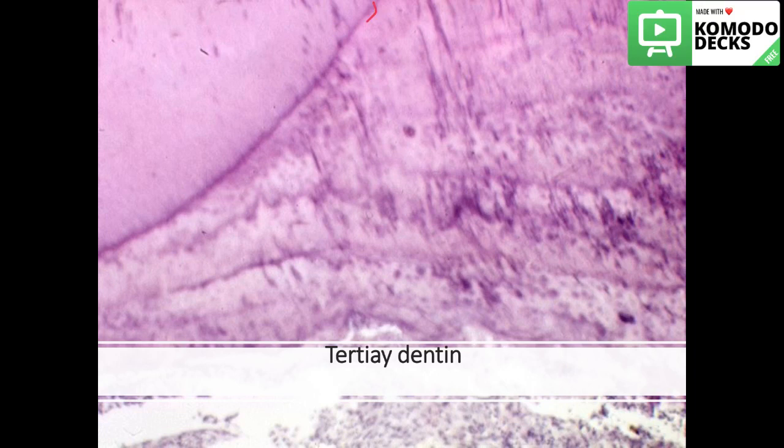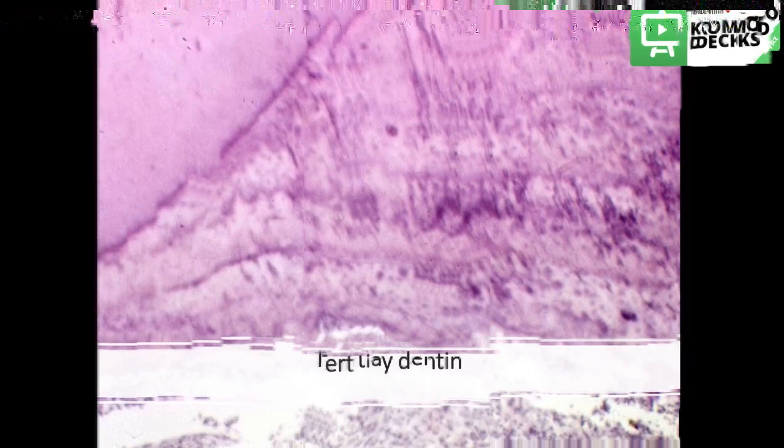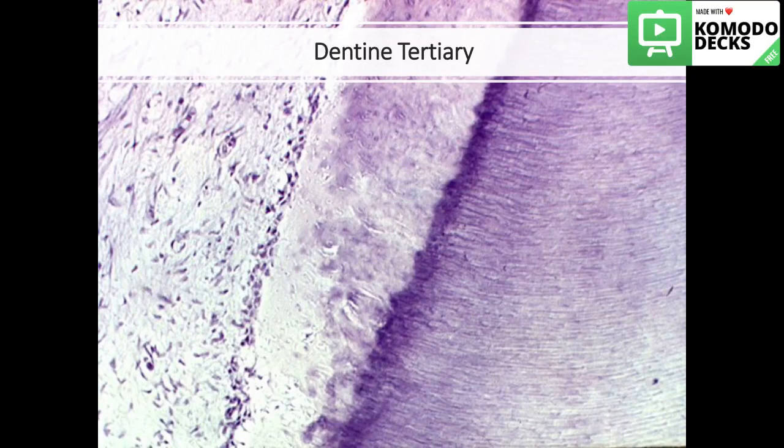Again, higher and higher magnification shows us that sometimes the tertiary dentine is amorphous, structureless. Also another slide that shows us how tertiary dentine is much different than primary dentine.